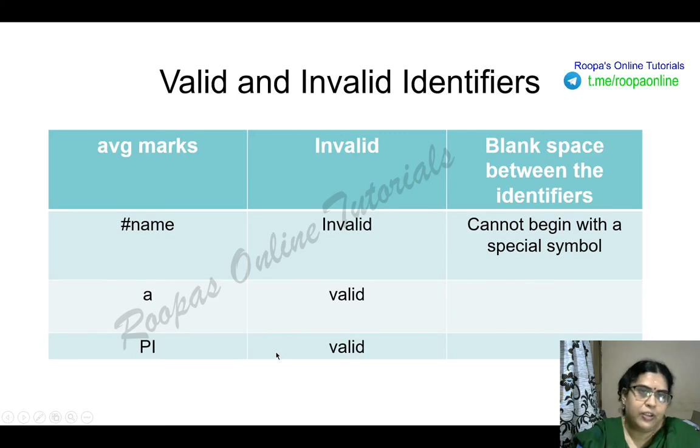But generally we use complete capital letters when we are declaring constants. For constants, you can use the keyword const, C-O-N-S-T. And when you say const PI, for example, the value of pi never changes. It's always 3.14. It is not going to change. So you are going to declare that variable with capital letters.